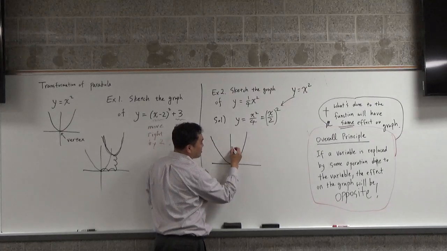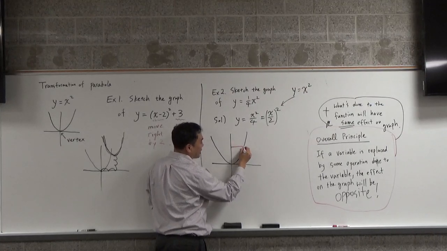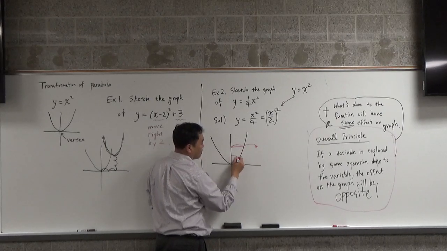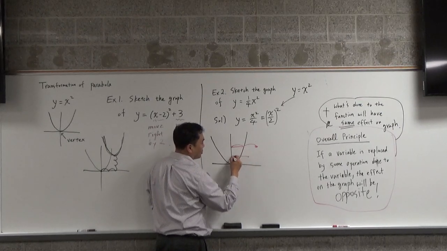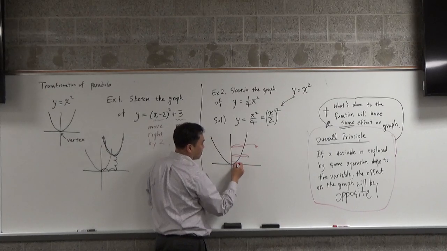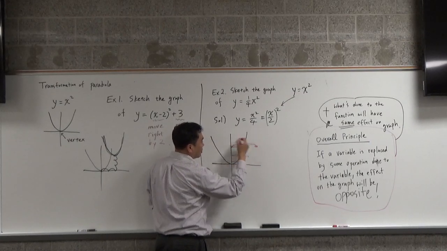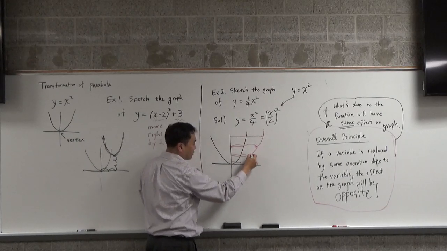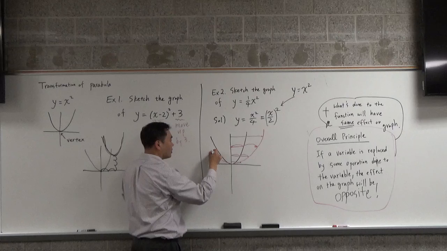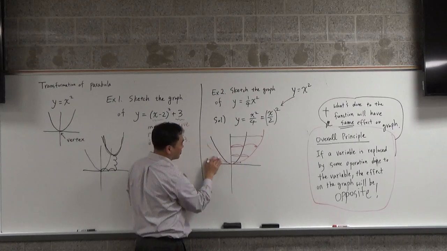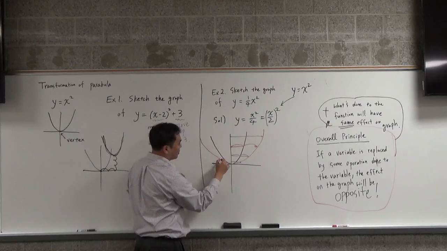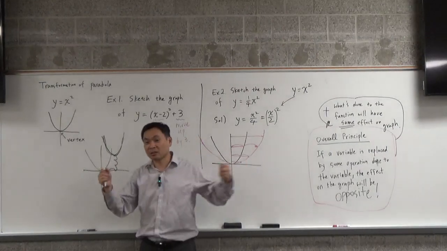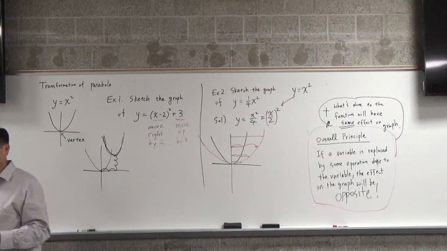So all of these lengths from the y-axis are going to double, so that you're going to get that graph. Just like that, okay? You get a wider parabola. That's what you're getting.